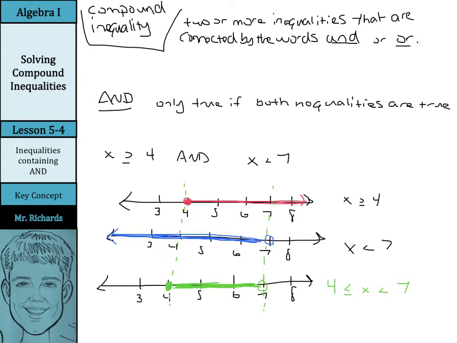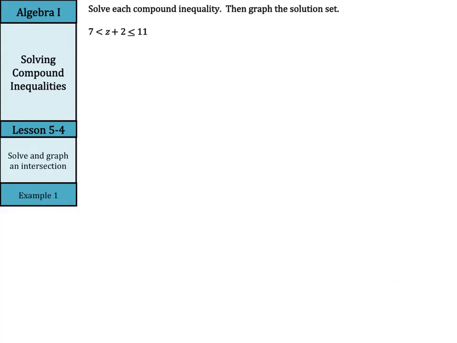Let's look at an actual example of this. Solve each compound inequality, then graph the solution set. Our first step is to solve and rewrite these. So we're going to have 7 is less than z plus 2, and z plus 2 is less than or equal to 11.